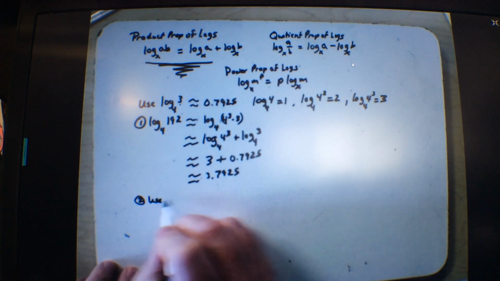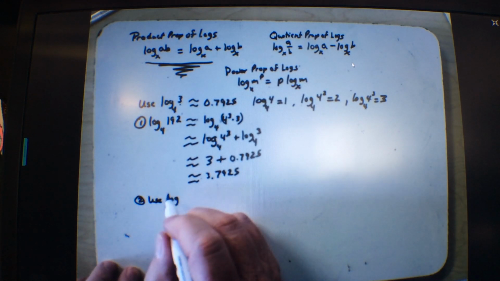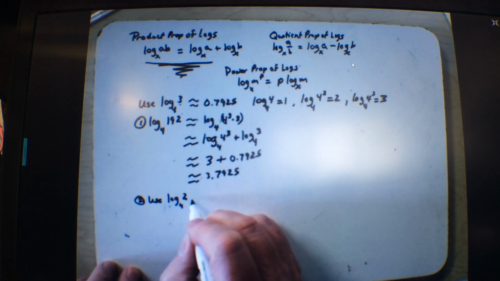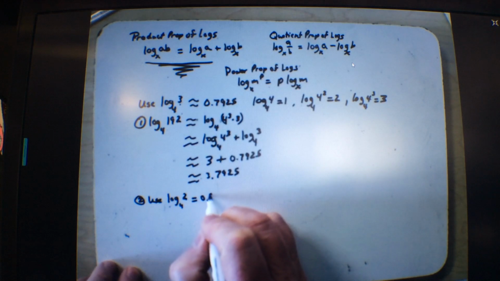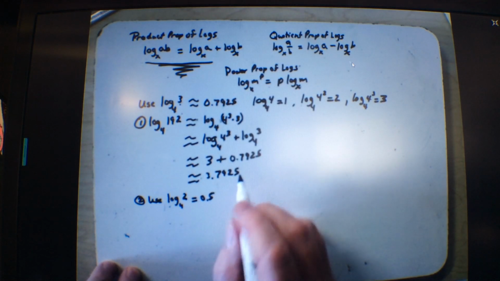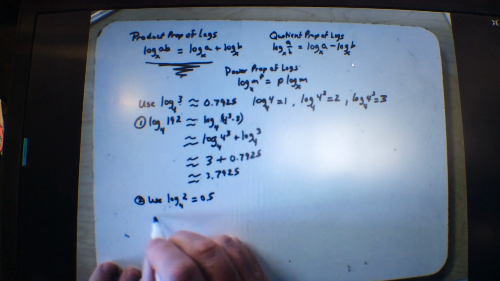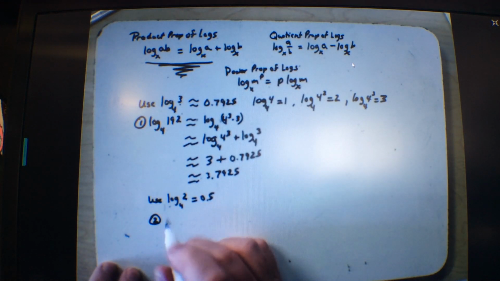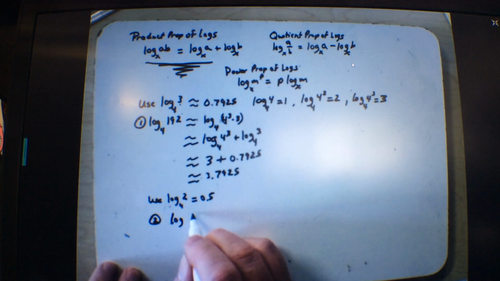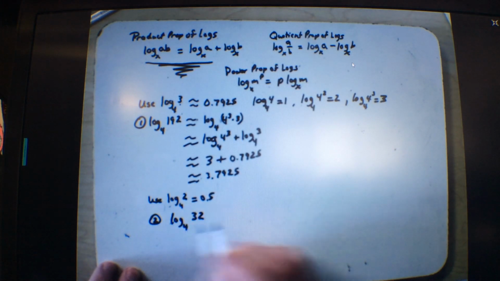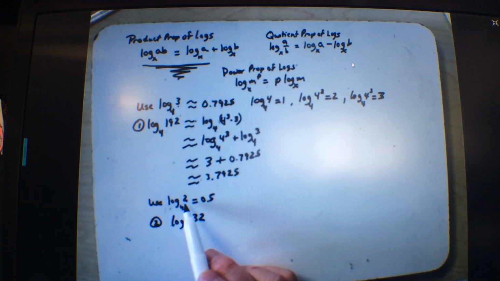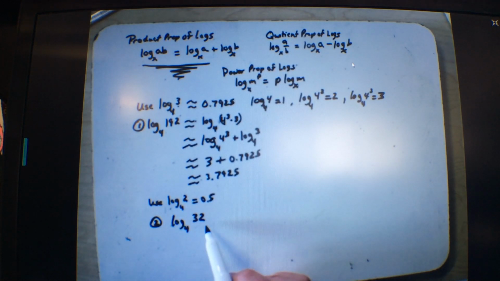Use the log of 2 base 4, we got still base 4, is equal to 0.5 to find number 2. Oops, this is directions, this is number 2. The log of 32 base 4. So I want to use 2 and 4 if I can to get 32.